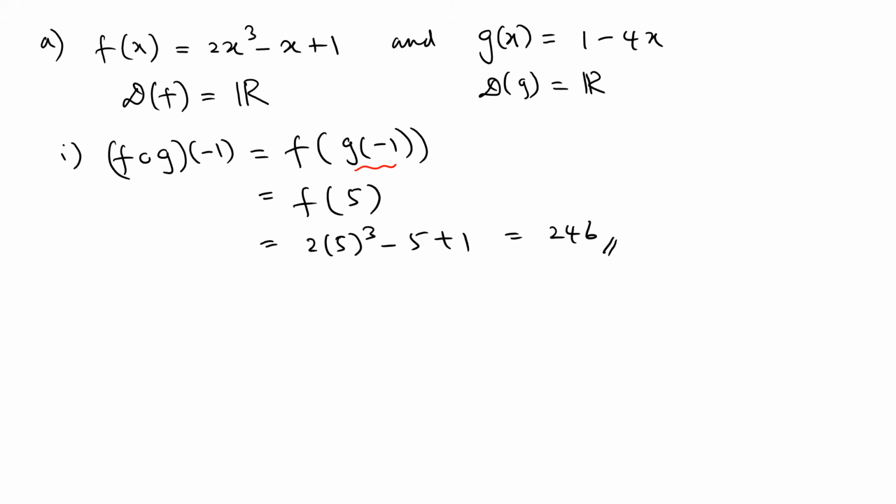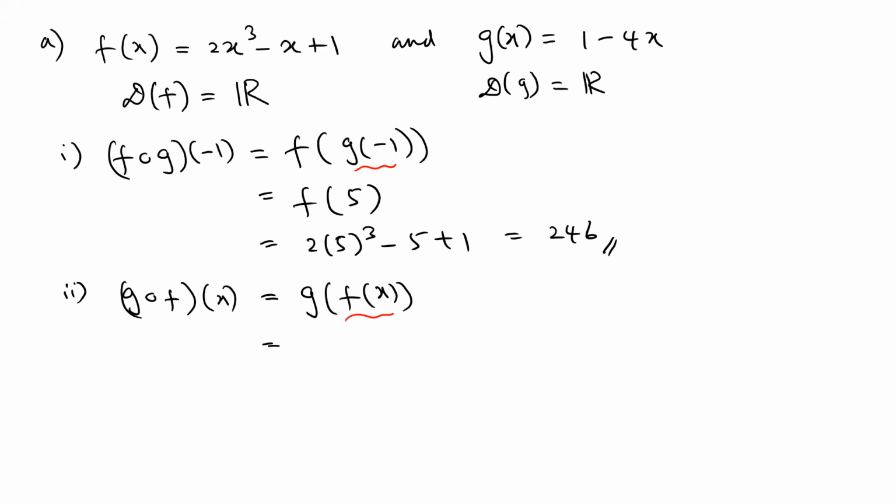And then in part 2, we're going to find g circle f of x. Again, we use the definition. According to the definition, this is g of f(x). That means we're going to substitute the f(x) function into the g function.